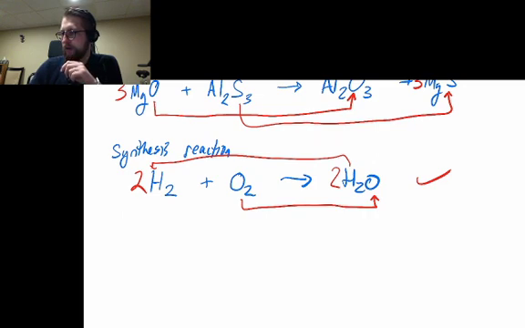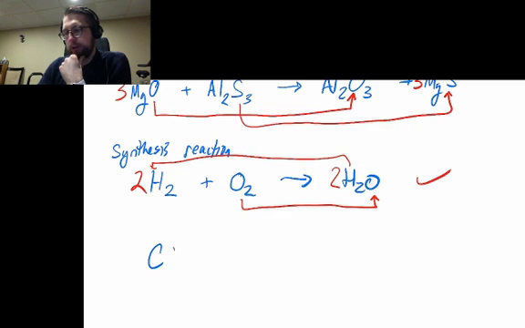And let's try something else. Let's try another synthesis. Okay, let's try carbon plus oxygen to make CO2.